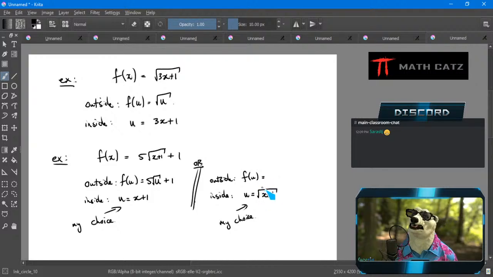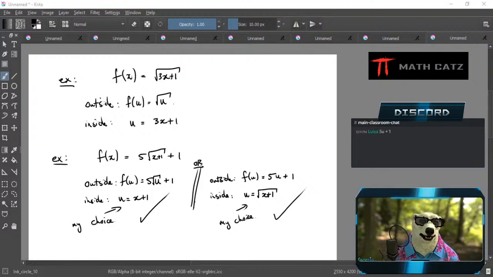The outside function in this case has to be, see how my voice went up? That's a question. Okay, 5u plus 1. Which one's right and which one's wrong? They're all correct. This one's correct. This one's correct.